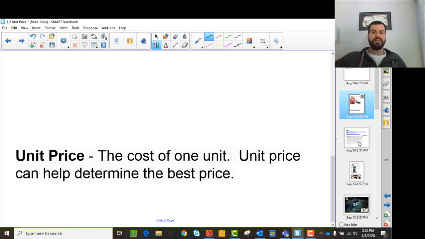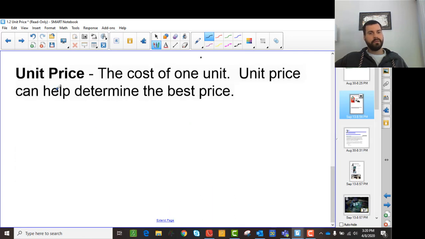So that's what the unit price is. In terms of a formula, a very simple way of looking at it is that the unit price, I'm just going to call it UP for now, is the cost of the whole thing divided by the quantity. That's the easiest way to look at it. It's a very simple formula. So the unit price is the cost of the whole thing divided by the quantity of that thing.